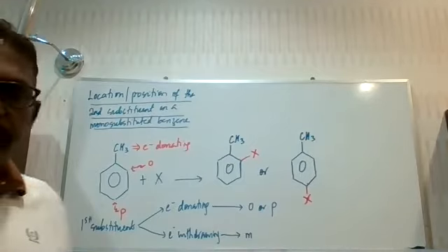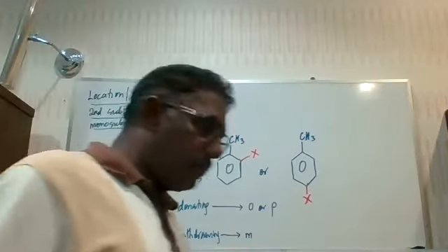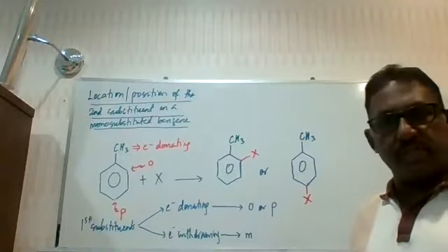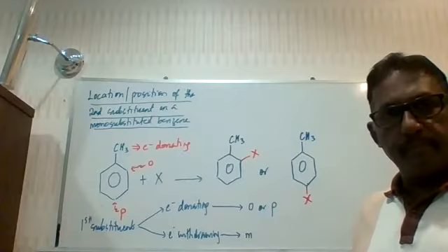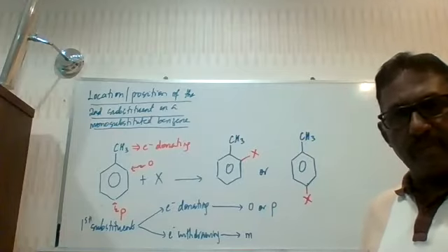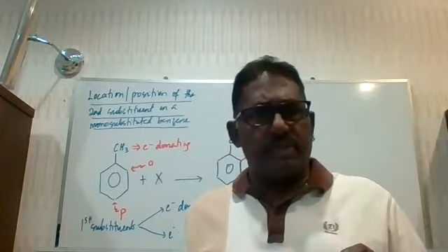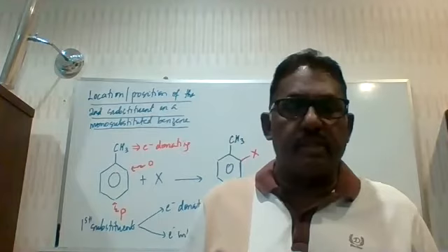What's your take? The ortho position. So why do you choose the ortho position? Why do you say the ortho position is favored and not the para position? What's the reason? Remember, I've always told you, for everything there must be a reason. Of course you have to have your instincts, but there must also be a reason.